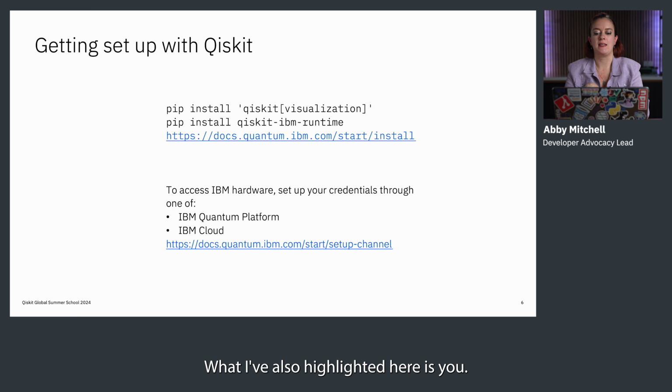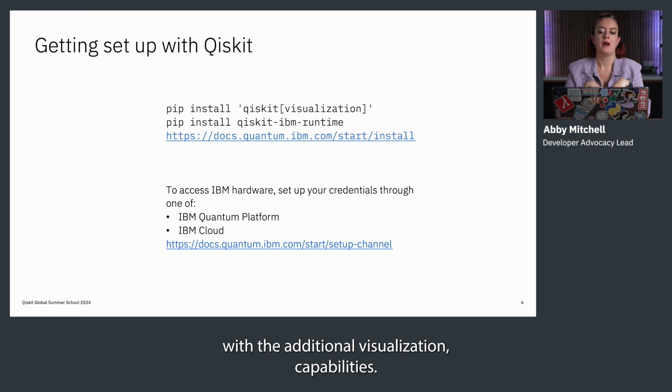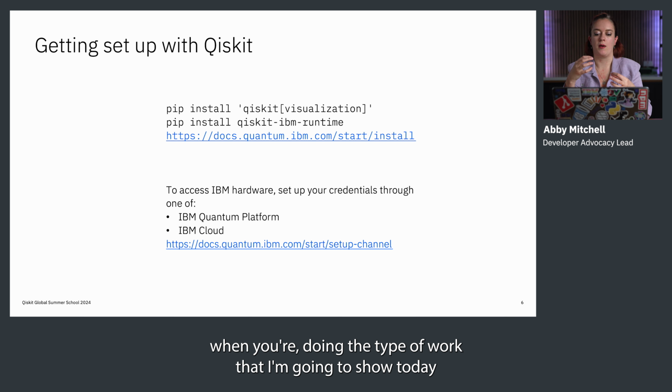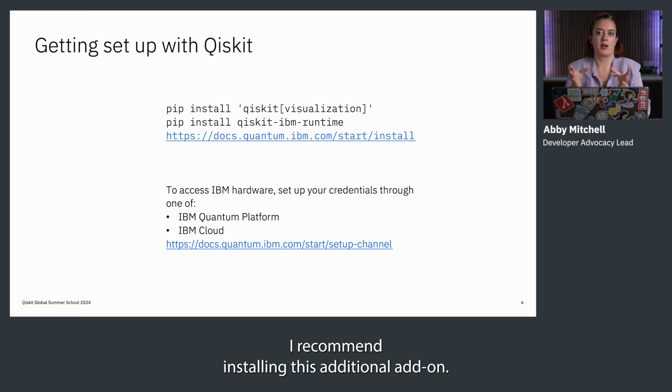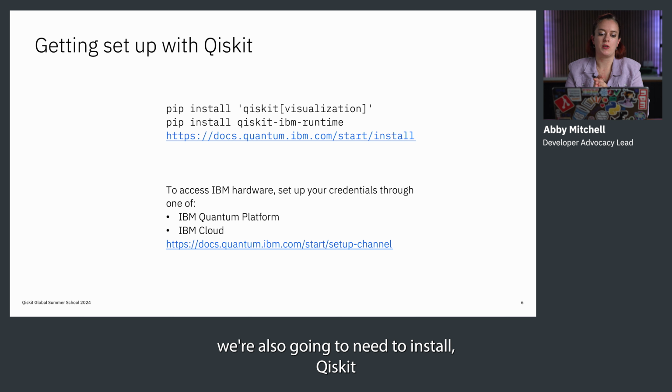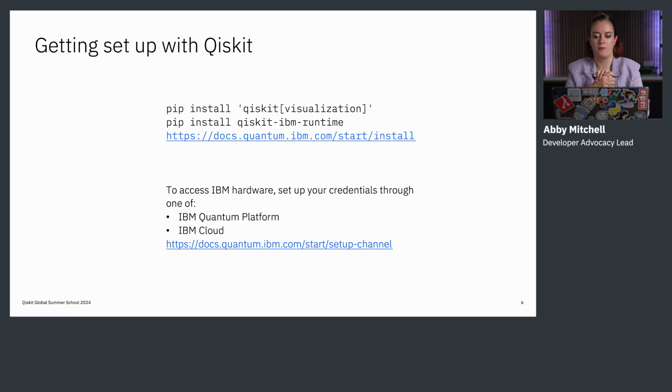What I've also highlighted here is I definitely recommend also installing Qiskit with the additional visualization capabilities. This is functionality that you need, especially when you're doing the type of work that I'm going to show today for visualizing circuits, visualizing results. I recommend installing this additional add-on. We're also going to need to install Qiskit Runtime Client, which you can do by pip install qiskit-ibm-runtime.